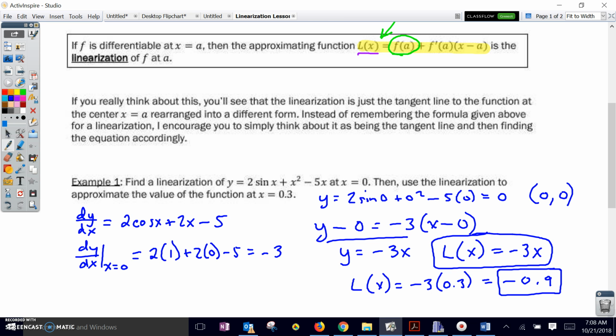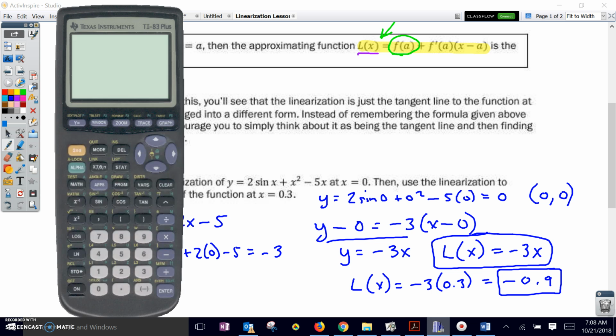Now, a question that frequently comes up with linearizations: how good of an approximation is this? We'll talk about this more later, but what is the actual value of this function at 0.3? It's about negative 0.819.